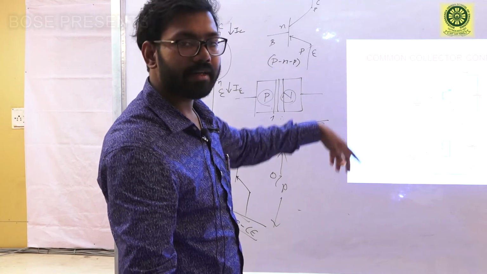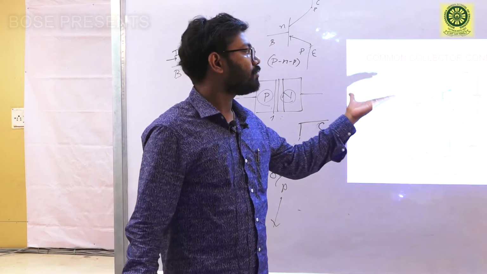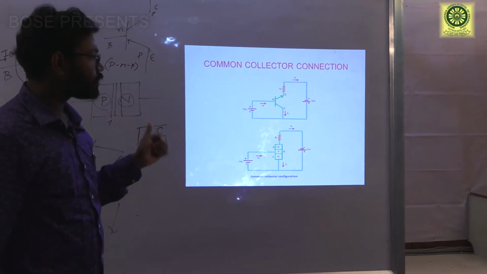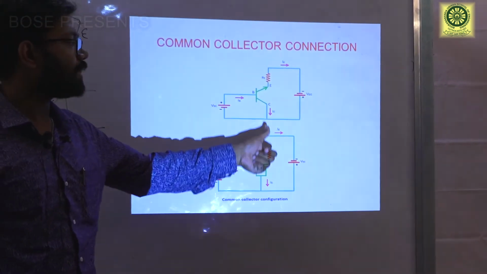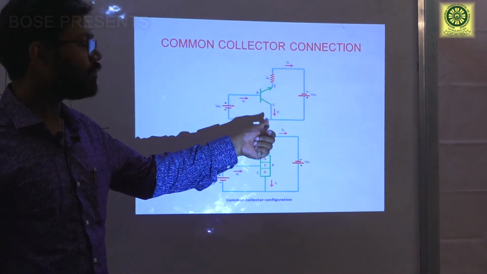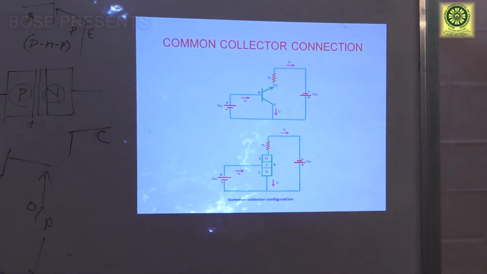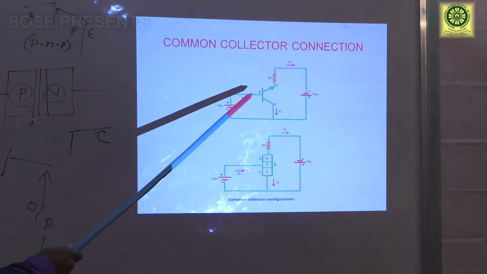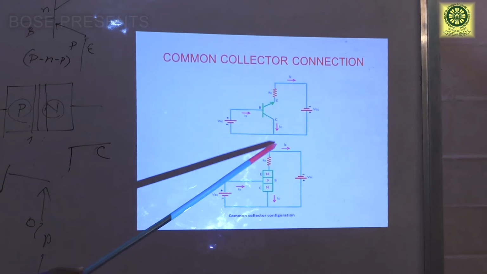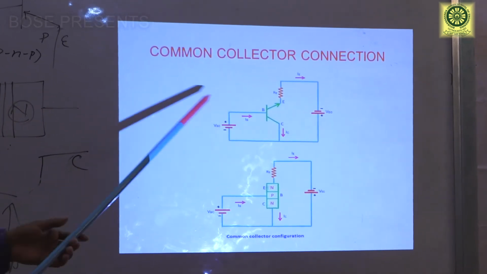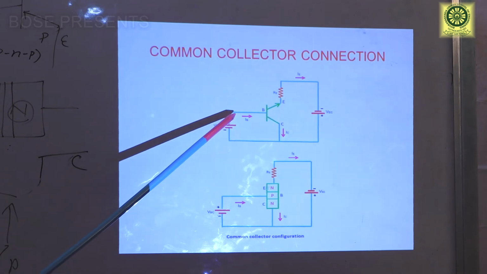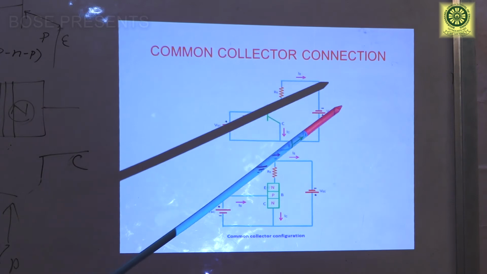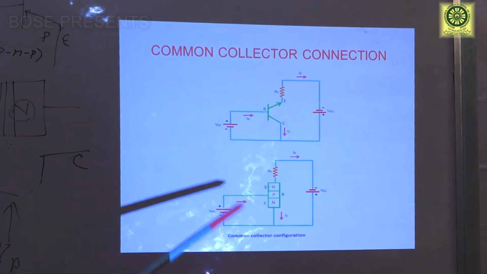Next one is common collector type. As I have told, whichever terminal I am going to make common, I have to place it below. So in this case I am placing the collector below. Here we have taken the collector downward, so we are providing the input between base and collector terminal, and between emitter and collector we are providing the output.